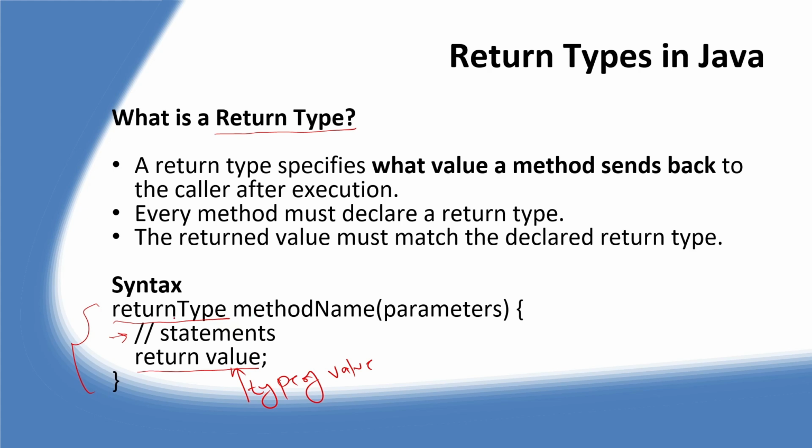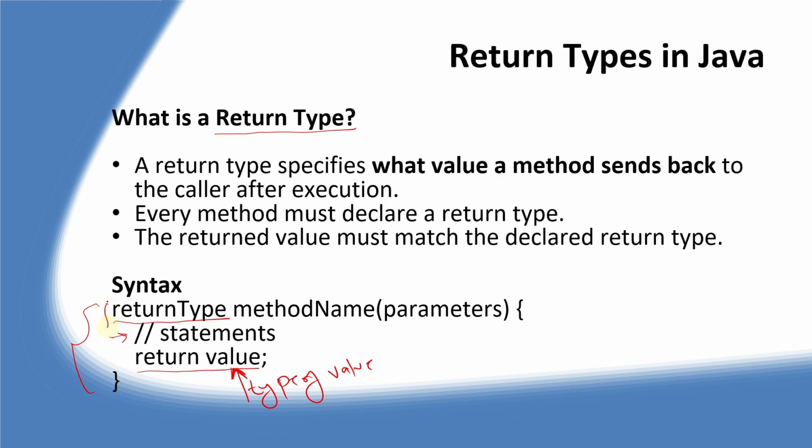The same return type should be returned at the end of the method, within the method, after execution. Java checks that the returned value matches the declared return type.